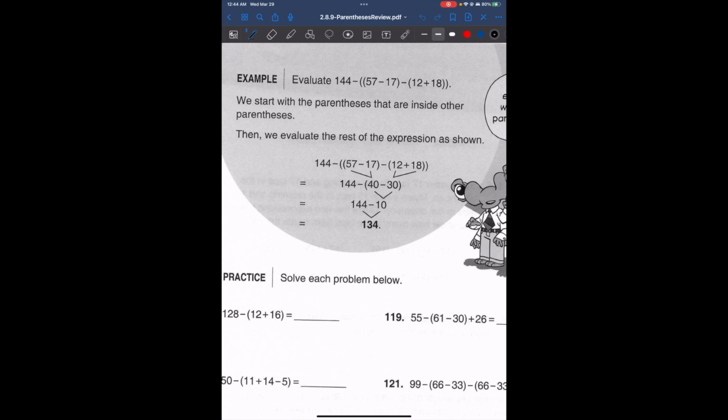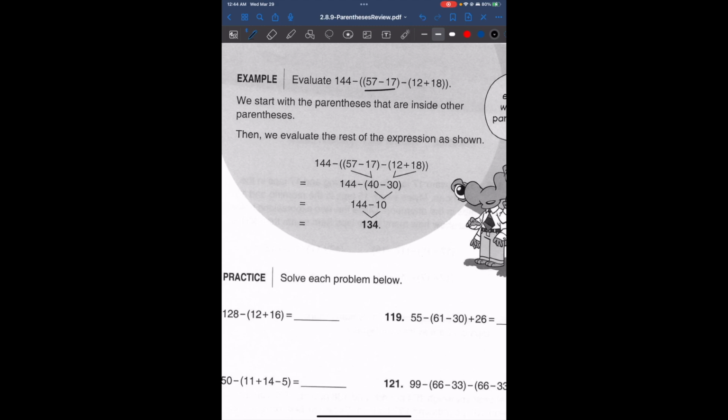But if we have parentheses, we always prioritize whatever is inside the parentheses first, and then we do all the operations as they come.